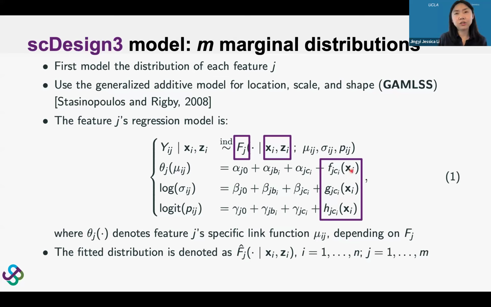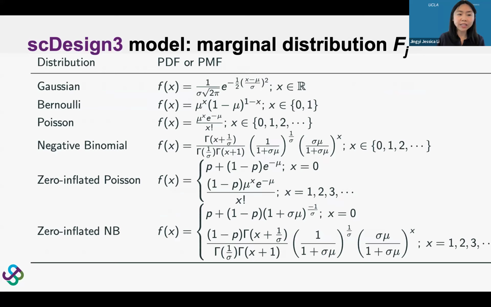But if xi is just cell type, then each one is just additive. It's just an intercept.